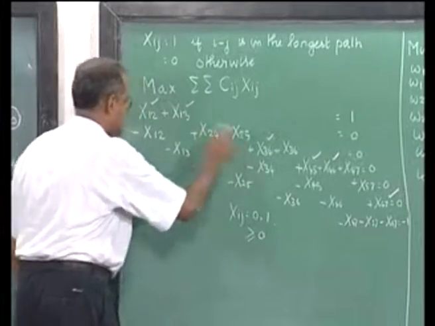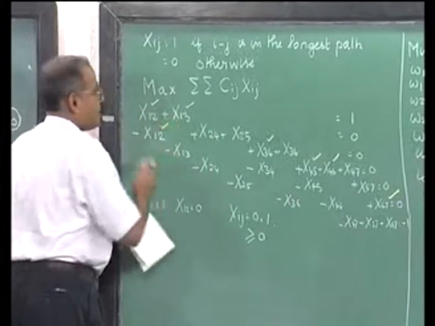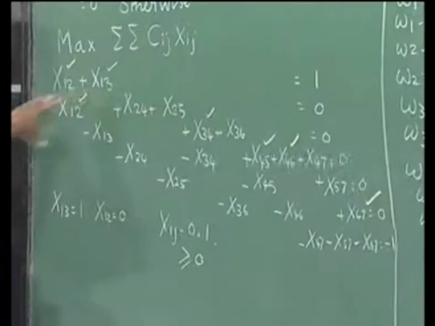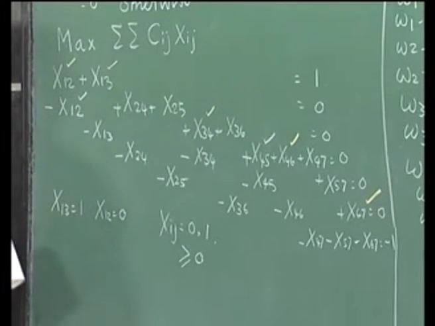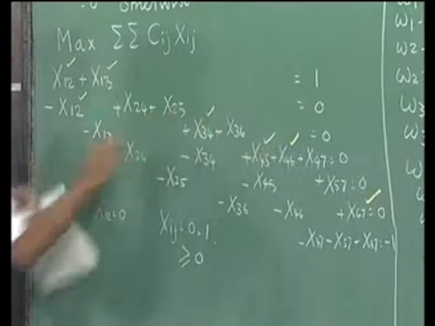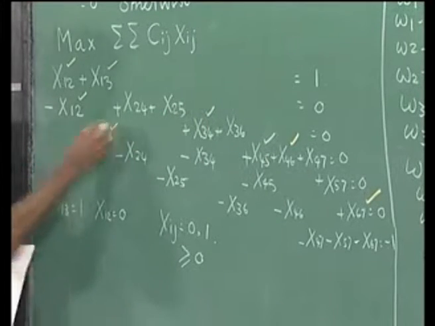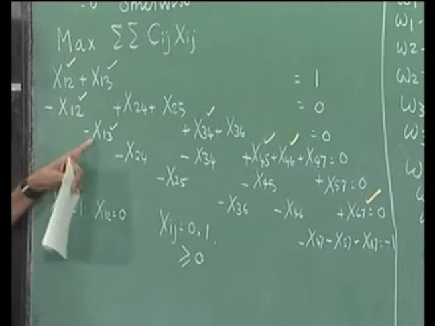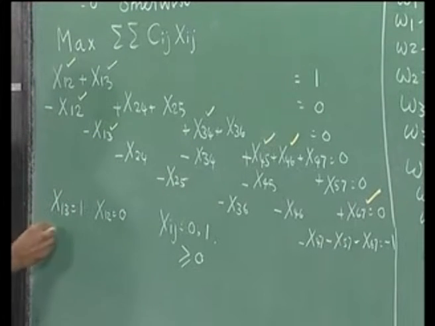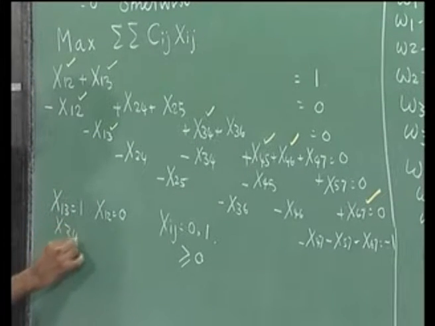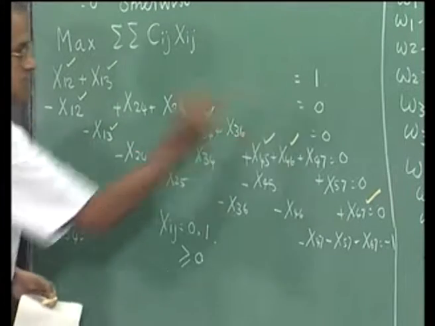These are non-basic at 0, this is a basic variable at 0, so you get 0 equal to 0. As far as this constraint is concerned, x13 is equal to 1, so this contributes a minus 1, therefore x34 will be equal to plus 1, so that this is satisfied.